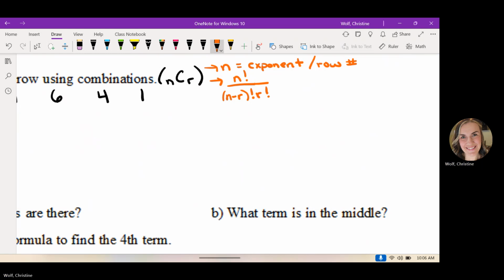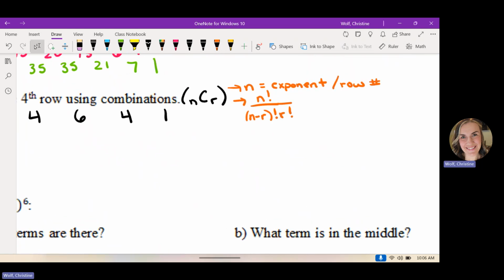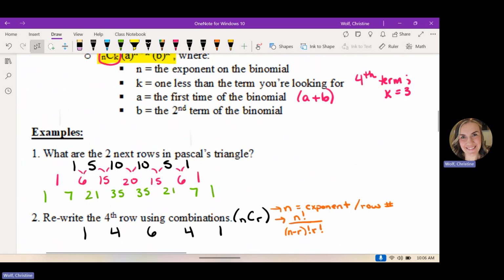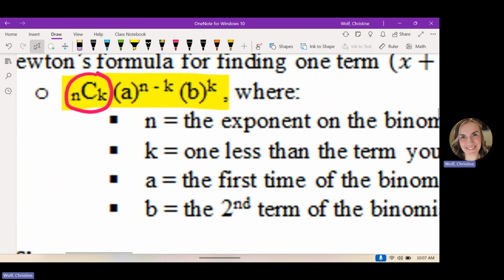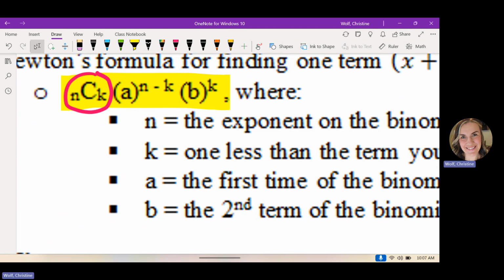All right. Now, if we actually look at the formula that we're using today, do you see how r is replaced with k? Okay, so we have to remember that too. When we're doing the binomial theorem, we're actually going to be using k in that position instead of r.